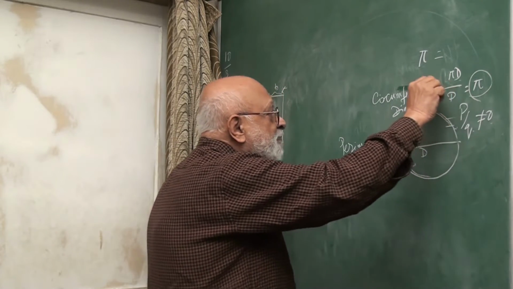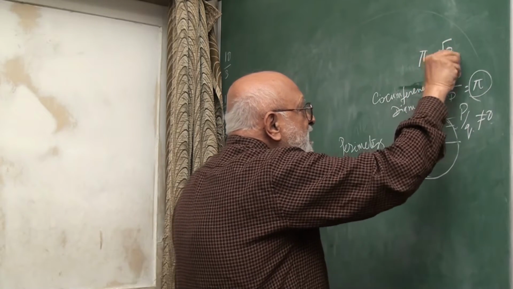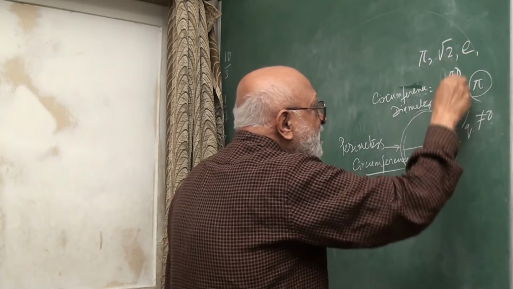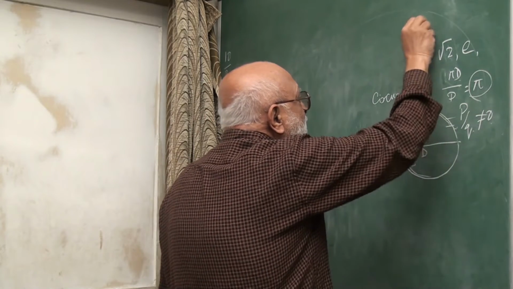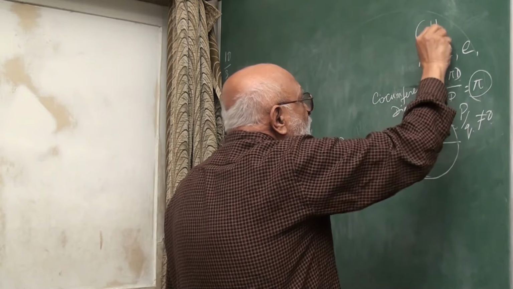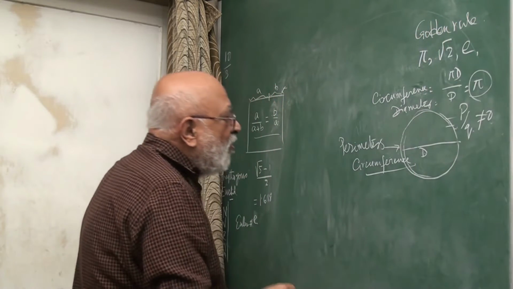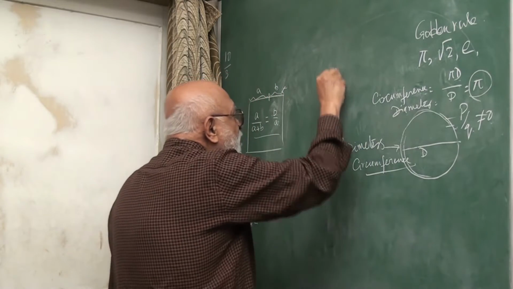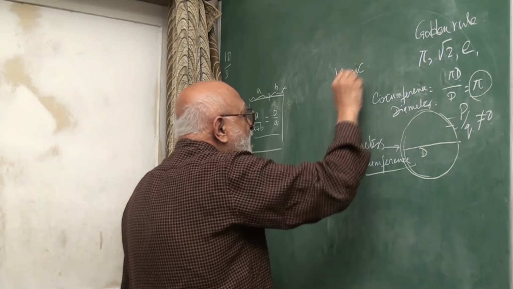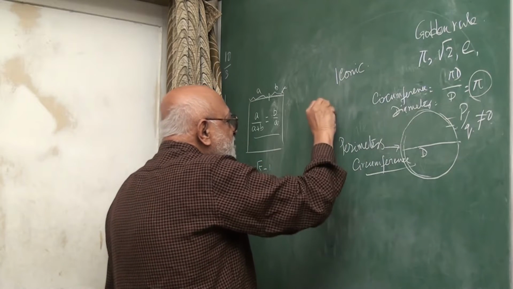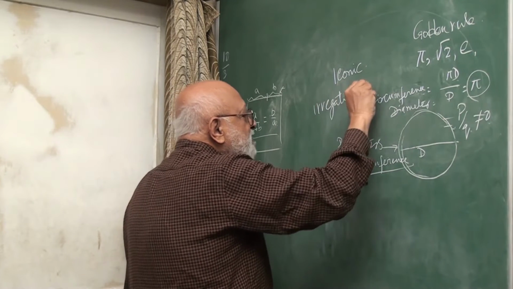So one is pi, another is root 2, then we have e, and we also have the golden ratio. These are all irrational numbers.